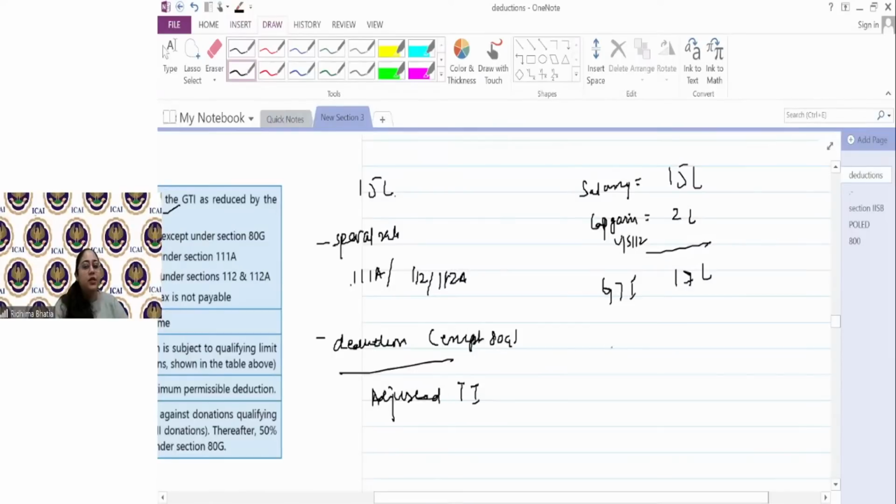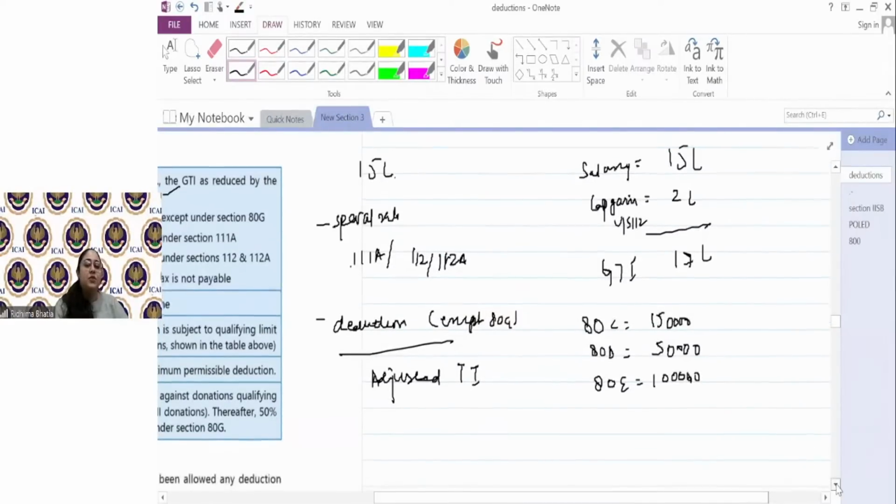He has made deduction under 80C for 1,50,000, under section 80D for 50,000, and eligible amount है ये, and 80E में interest on loan है 1 lakh.